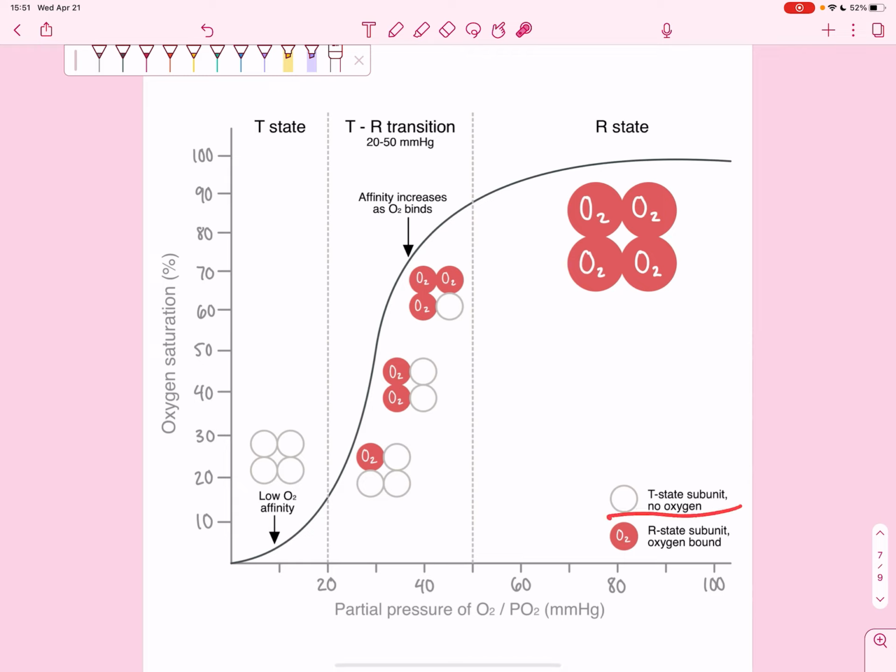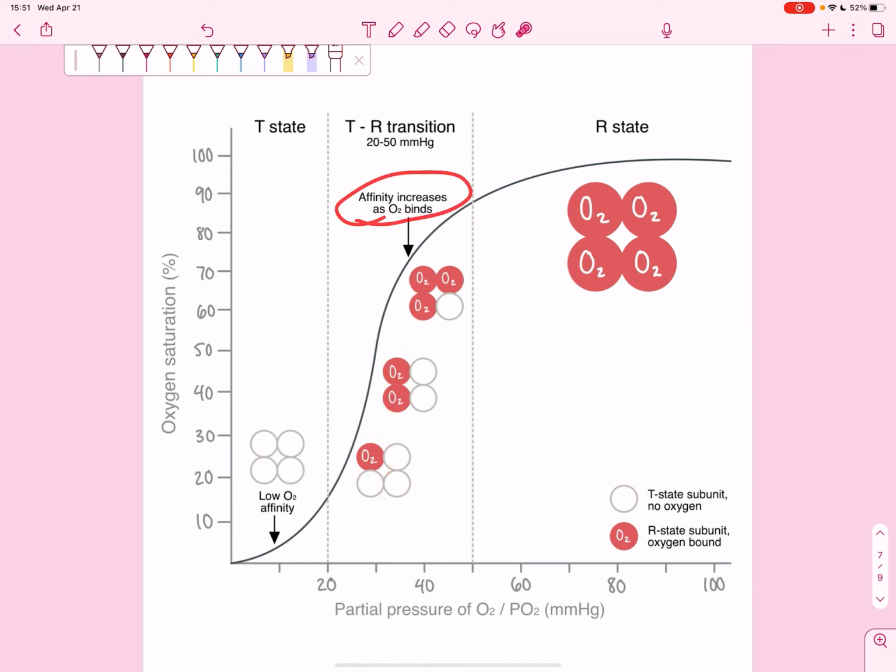I wrote out a little key here, but as you increase, you go this way, these heme groups start to bind oxygen more and more and more.